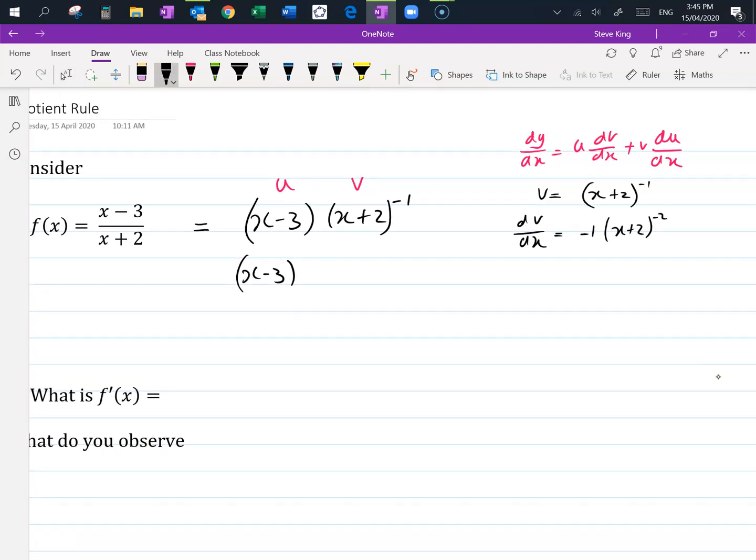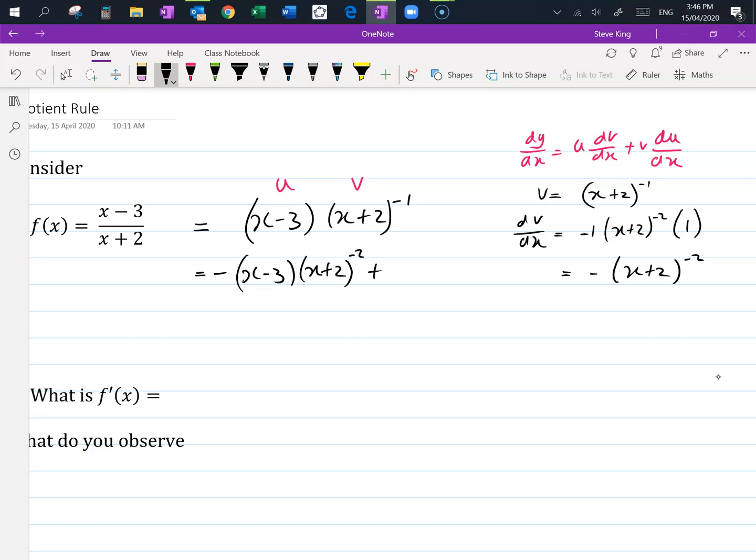And then I've got to derive what's inside the bracket, and that's going to be 1. So in other words, I'm going to have this. So tidy that up. Minus x plus 2 to the minus 2. So that's what dv dx is. So I'm going to have minus x plus 2 to the minus 2.